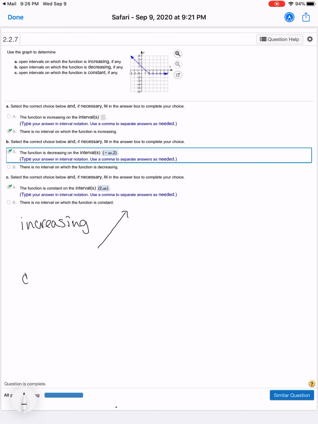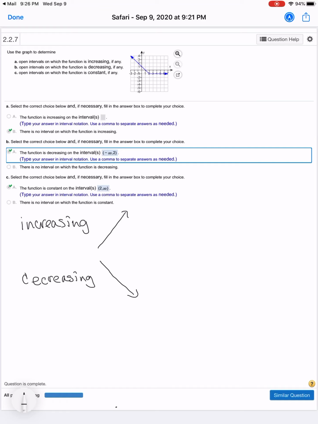When we are decreasing, the function's going to be going downward, or the y values get smaller as we move left to right. So we're going to think of a negative slope.